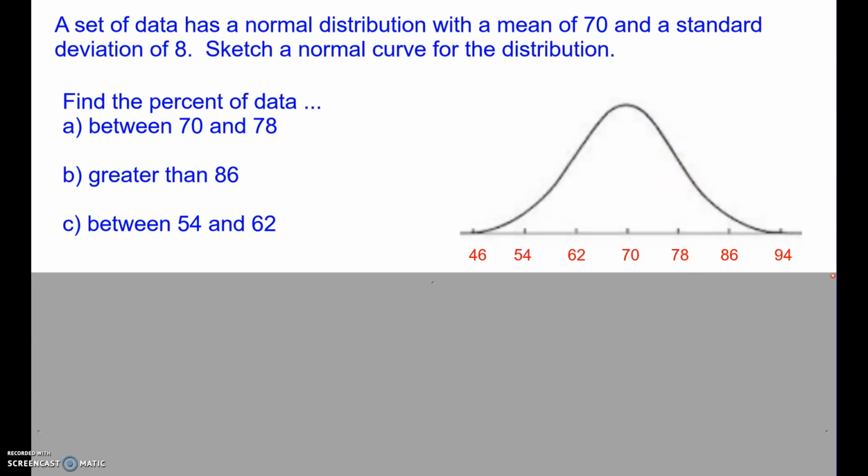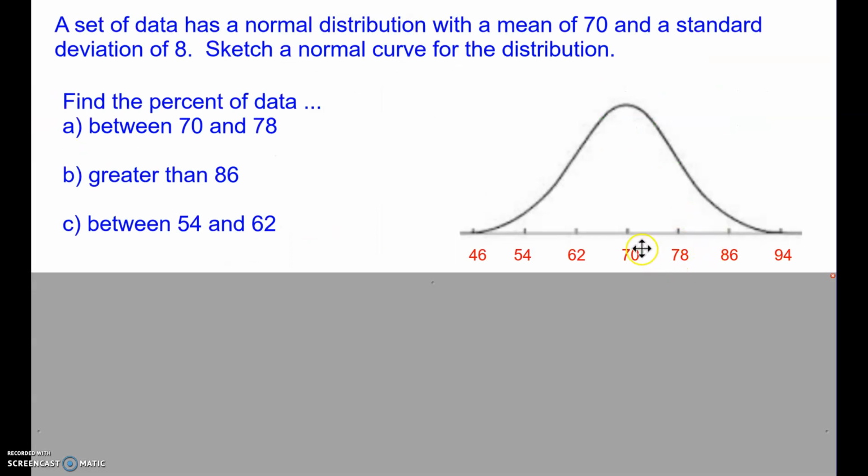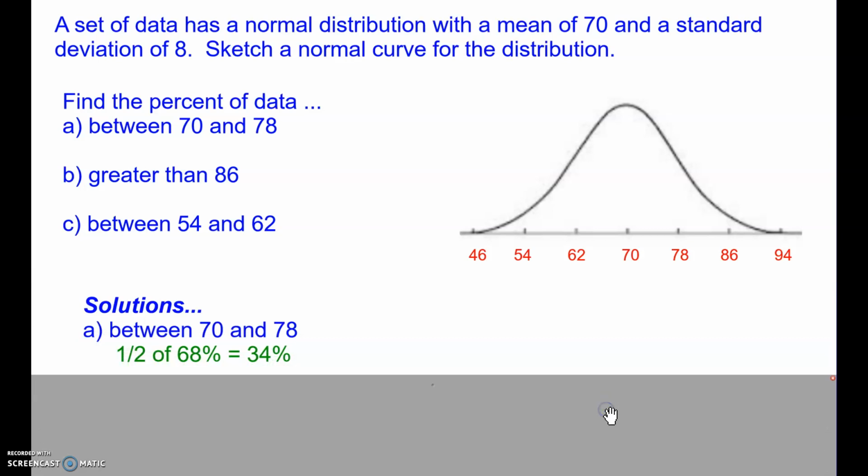Just a moment ago, we looked at our empirical rule that says 68.2% of the data falls within 1 standard deviation, but that 68.2% is on both sides. If I'm looking at this data, I'm only wanting the one side of it. So between 70 and 78, I would say 1/2 of that 68, I rounded to 68%, or about 34% of the data is going to be between 70 and 78.